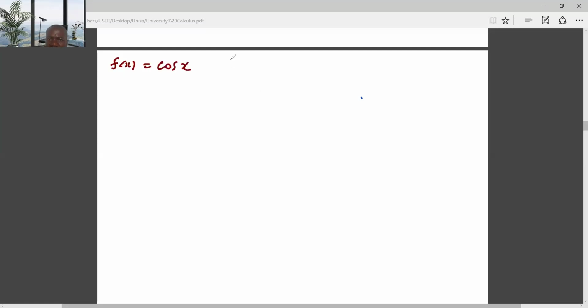So now we can expand this. What is f of x plus h? When there is x in cos, we put x plus h. It's still a compound angle. This becomes cos x cos h minus sine x sine h. So we're going to use the first principle.